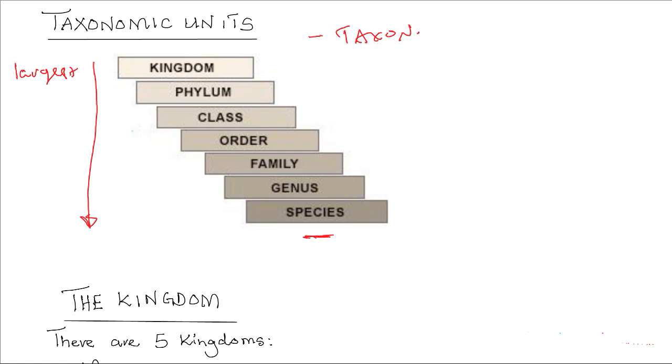So there are 7 major taxonomic units, namely the kingdom, as I mentioned, is the highest. Now each kingdom is divided into smaller phyla. So phylum is singular. If there are many, they are known as phyla, that is for animals.